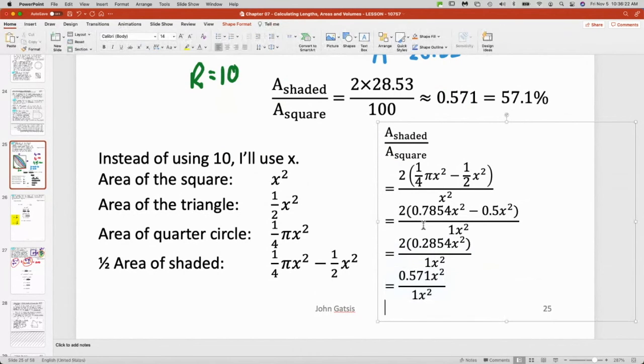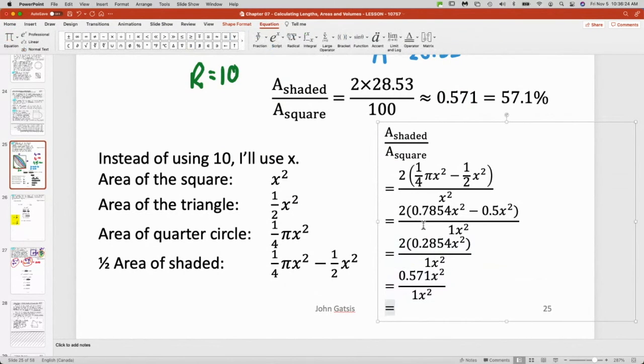So you see how the x's cancel? And you get 0.571 or 57.1%.